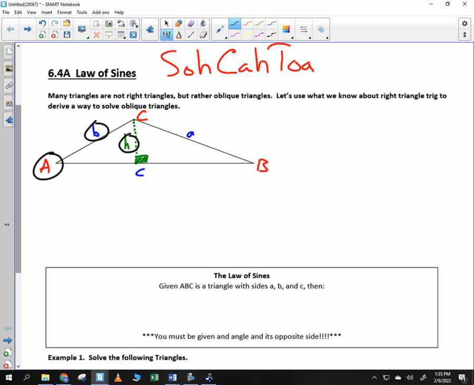Sine. Sine is opposite over hypotenuse. And so I say the sine of angle A is equal to H over B.